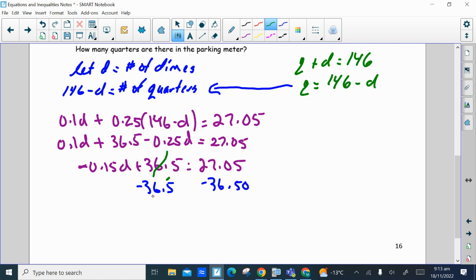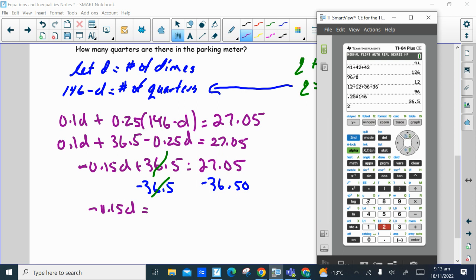And now to get D by itself, I'll subtract the 36.5 from both sides. So they'll cancel on the left. I'll have negative 0.15D on the left equaling negative 9.45 on the right.